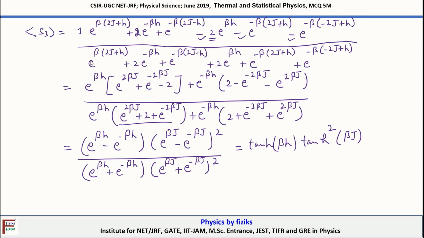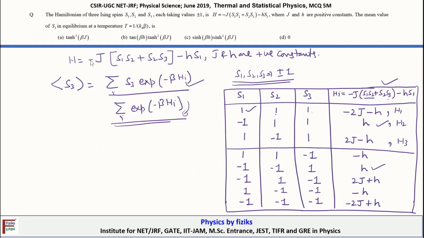So this term will give us the tan hyperbolic beta j square, and this is tan hyperbolic beta h basically. Okay, so therefore if we take a look at the options which are given to us, option B is the correct one here.